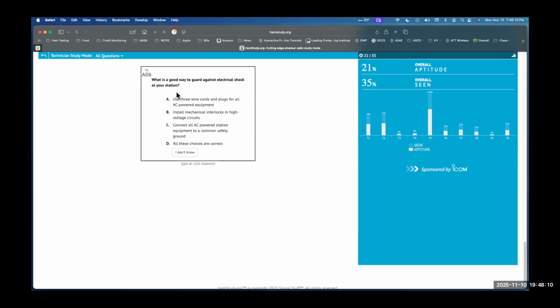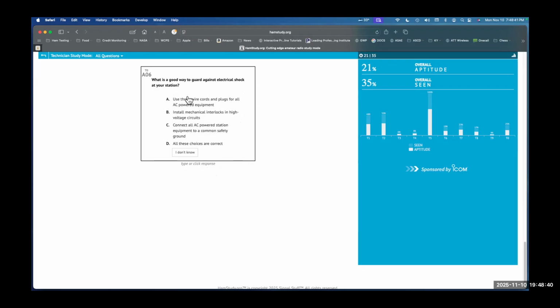What is a good way to guard against electrical shock at your station? Use three wire cords and plugs for all AC powered equipment. Install mechanical interlocks in high voltage circuits. Connect all AC powered station equipment to common safety grounds. And D, all these choices are correct.